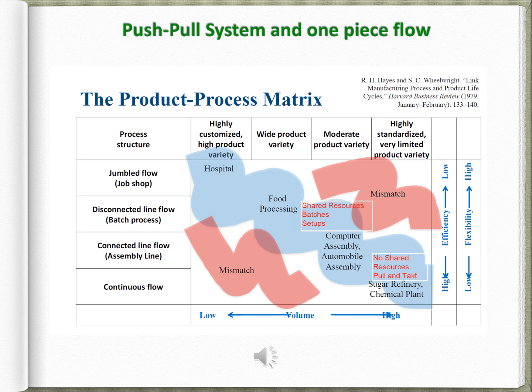The just-in-time approach is feasible in processes with connected line flow, that is, assembly lines and continuous flow. Those kinds of processes, such as an automobile assembly, are characterized by moderate to limited product variety, but highly standardized products.